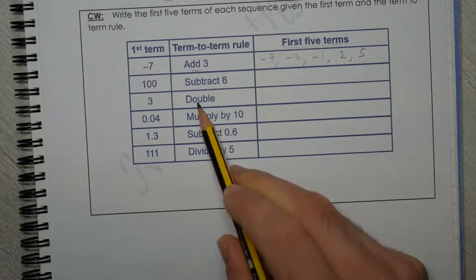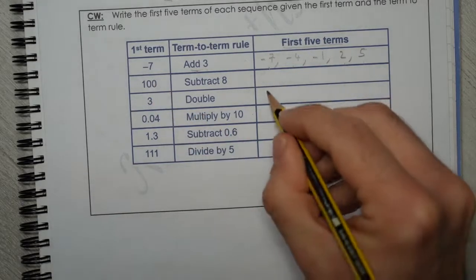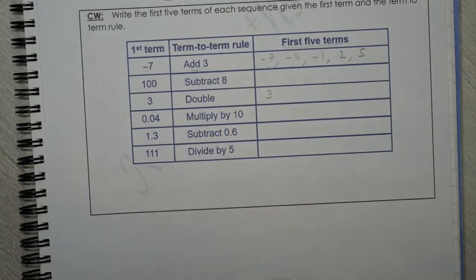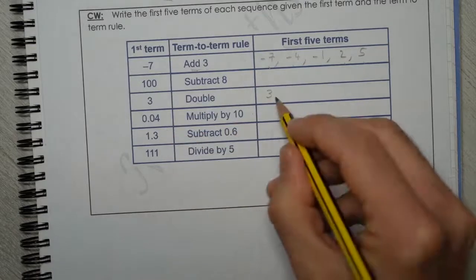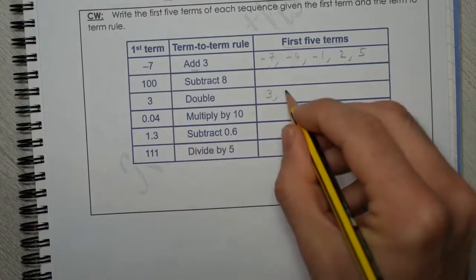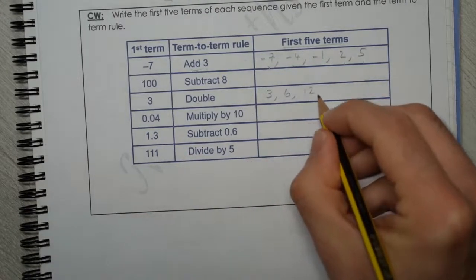I'm going to work out this one. So the first term is 3. The term-to-term rule is to double it. Double 3 is 6. Double 6 is 12.